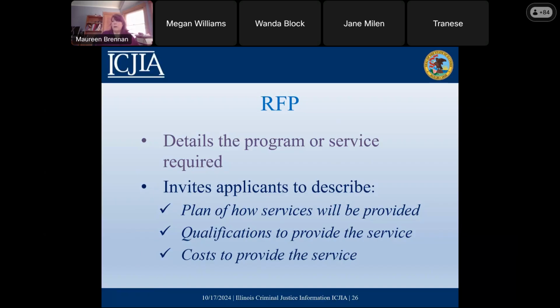So if you think about it, your application for R3 funding is really an RFP, right? We call it a NOFO, but it's really an RFP. We told you what the parameters were, and we invited folks to apply, tell us how they would provide the services within those parameters, tell us how qualified they were to provide that, and then you submitted a budget that detailed those costs.